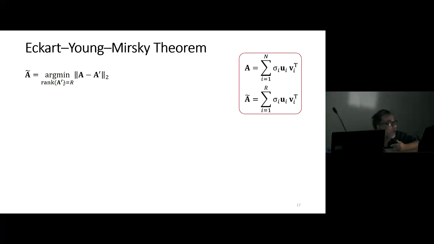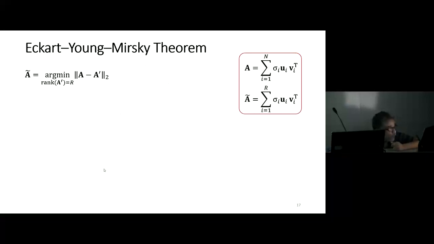So I want a matrix A prime that would minimize the L2 norm of A minus A prime, but the rank of A prime will be only r. And the solution is this. This A tilde would be the matrix of rank r that minimizes the L2 norm of the difference. Okay?